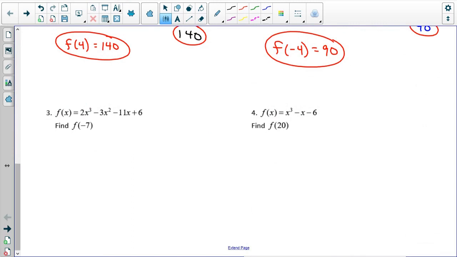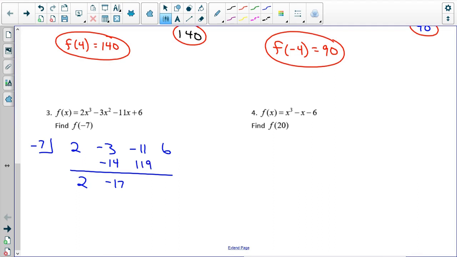Problem 3. 2, negative 3, negative 11, 6, and I want to substitute in negative 7. 2, negative 14 makes negative 17. Negative 17 times negative 7 gives me 70 plus 49.